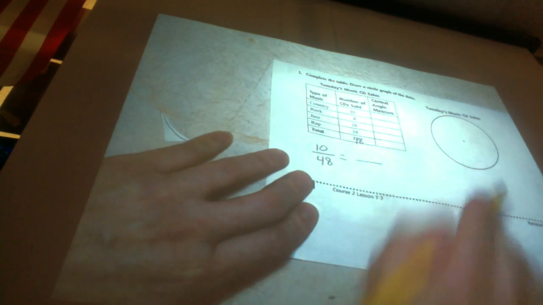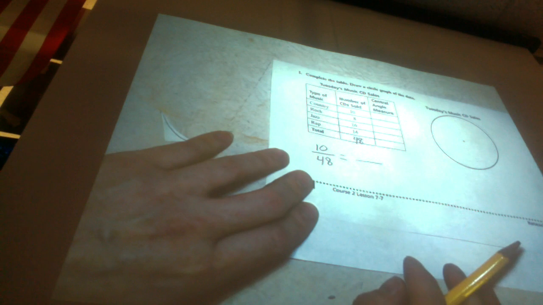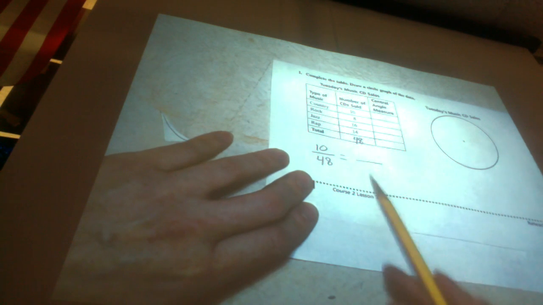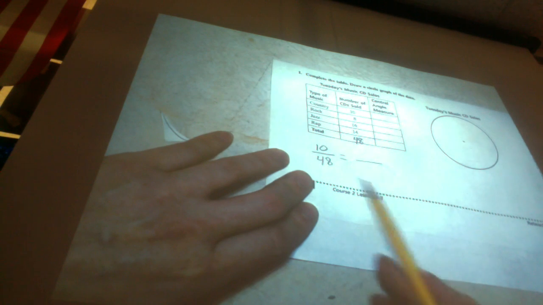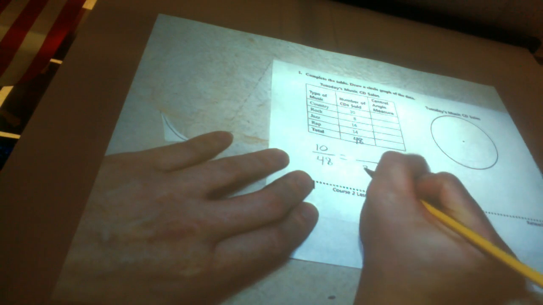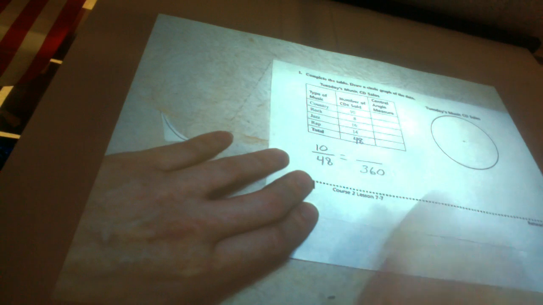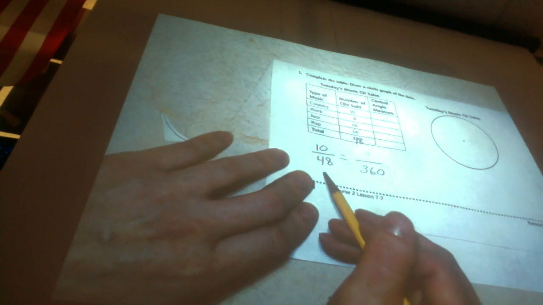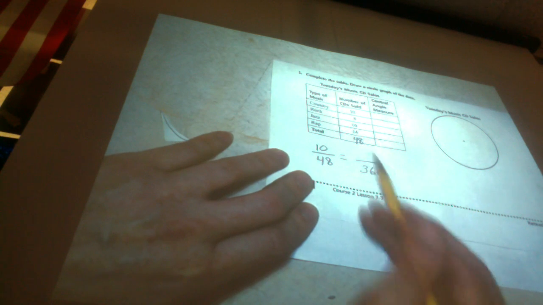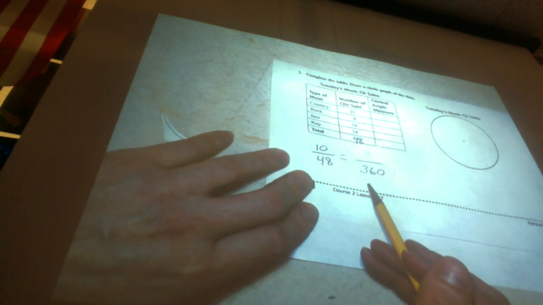We use degrees. Think about part whole: how many total degrees are in a circle? 360. And this is our unknown: 10 over 48 is equal to what over 360?